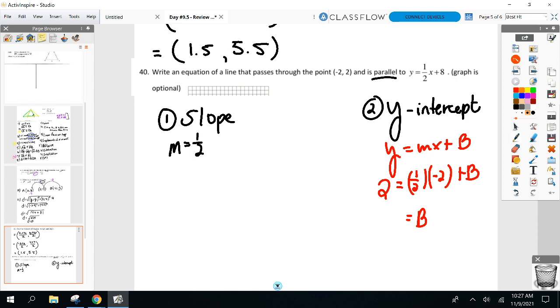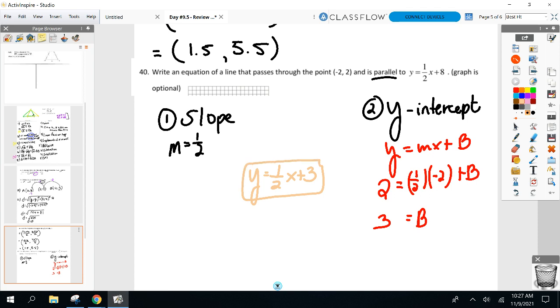What's b equal to? 3. Should be equal to 3. All right, now you have the two values, put them together and write your equation. y equals 1/2 x plus 3. Just wanted to go over another one of those because I know sometimes those are difficult for us. And they'll be on the cumulative quiz tomorrow.